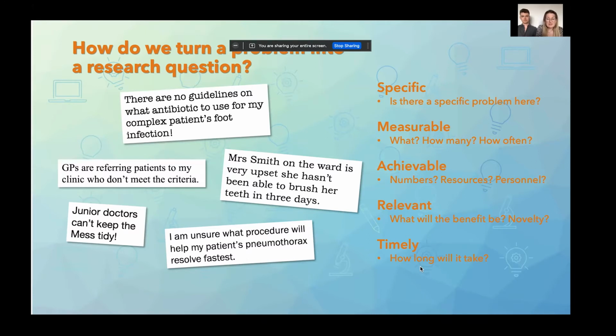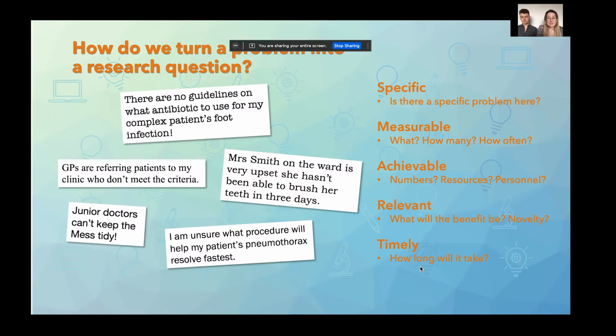Is it relevant? And this can mean multiple things. Is it relevant to your context? Is it important? Is it going to create a new bit of evidence in the field? And there is a little bit about novelty here as well. So have you done a good enough literature search to find out that that study doesn't already exist, or that research question hasn't already been answered?